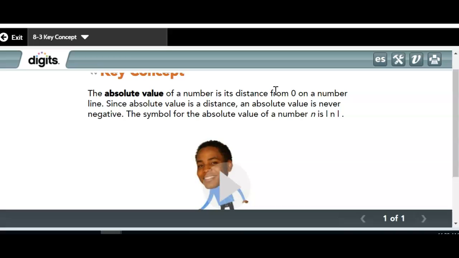Since absolute value is a distance, absolute value will never be negative. So whenever we deal with it today, absolute value will never be negative, because it is a distance. Okay? The symbol for the absolute value of a number, N, is these 2 lines. Imagine a referee saying the field goal is good. Right? That is the absolute value symbol.